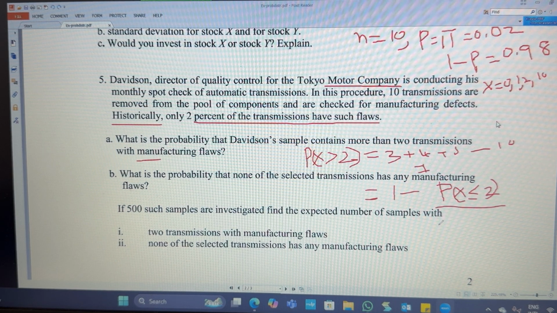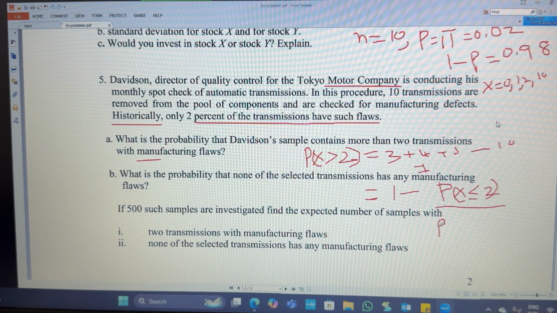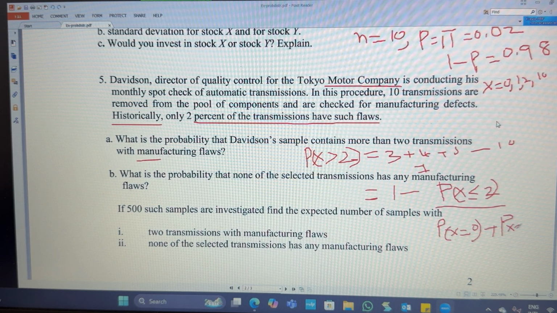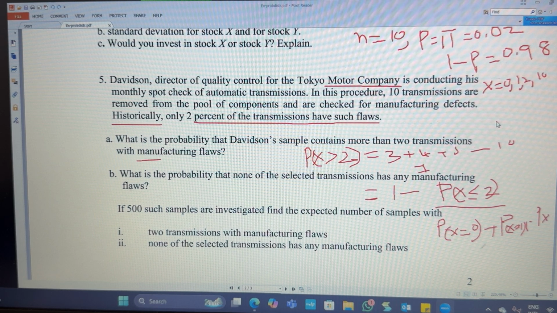Why? You may find P(x equal to 0), plus P(x equal to 1), plus P(x equal to 2). After you add all these, you deduct from 1.